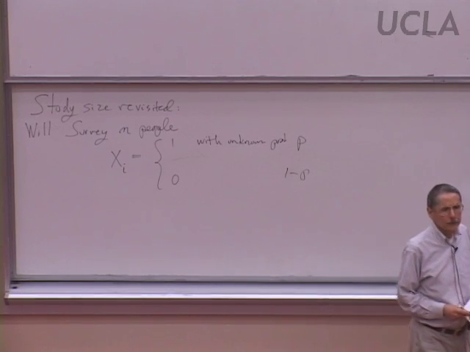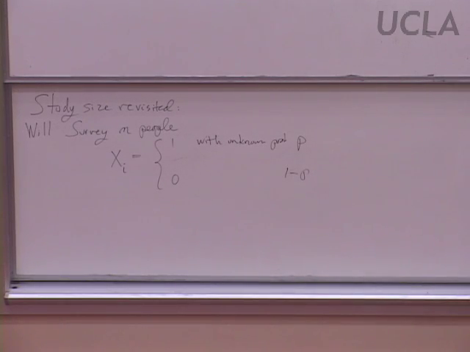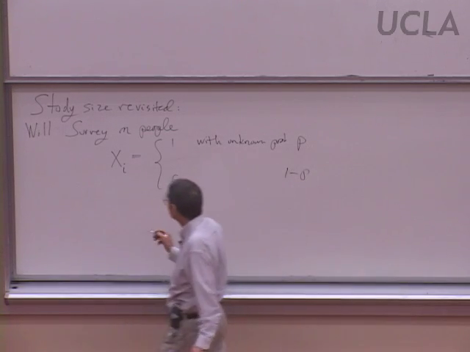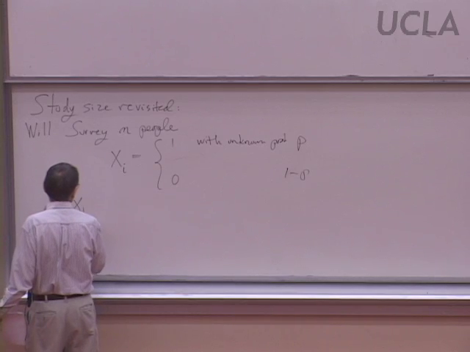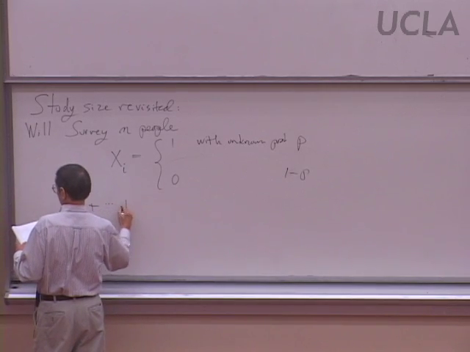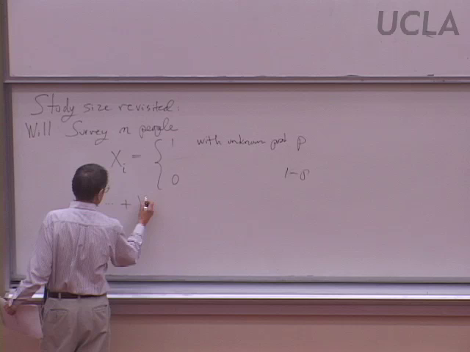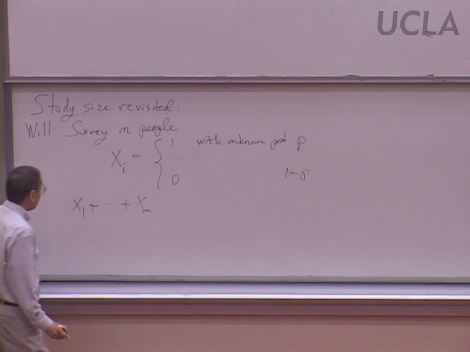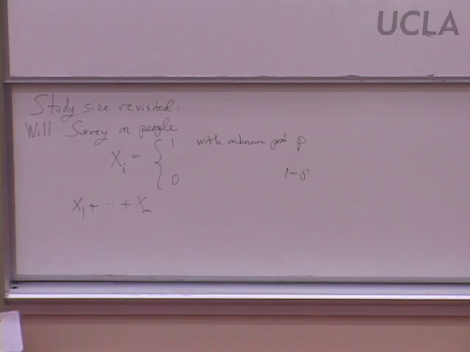And then we look at how many people we get who reply yes. So if we add up these zeros and ones, that will give us the number of people with seasonal affected disorder.